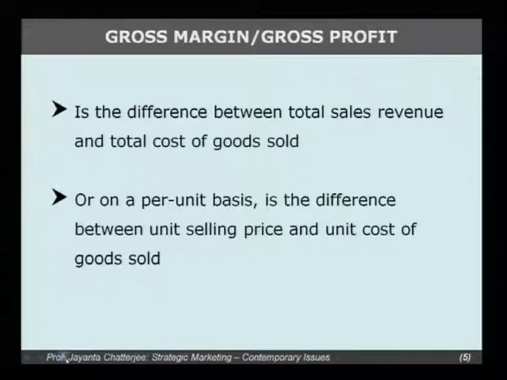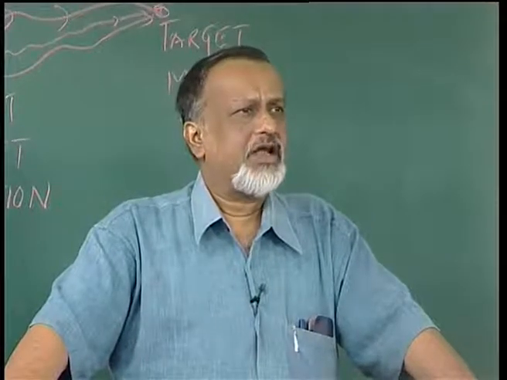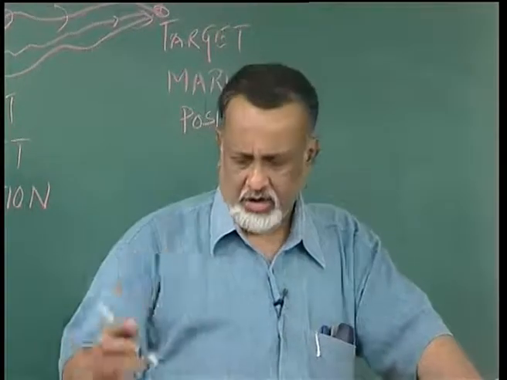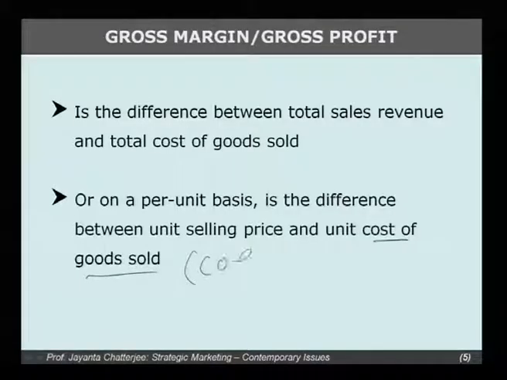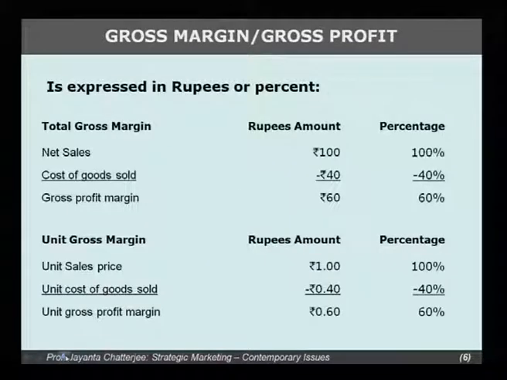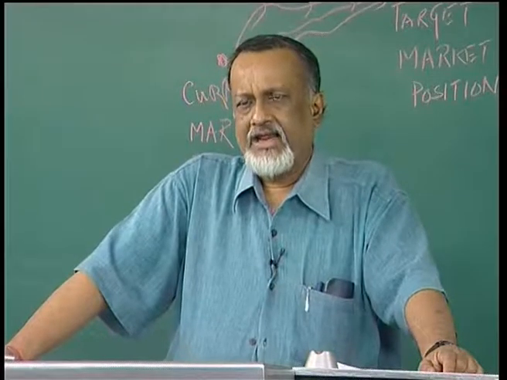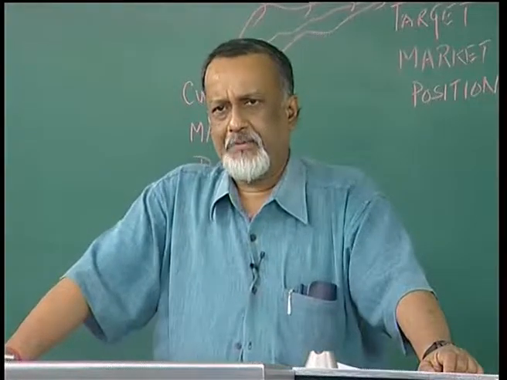And gross profit can be on a per unit basis, in which case it is the difference between the unit selling price and the unit COGS or cost of goods sold. I am sure you are already familiar with these terms from your previous understanding.